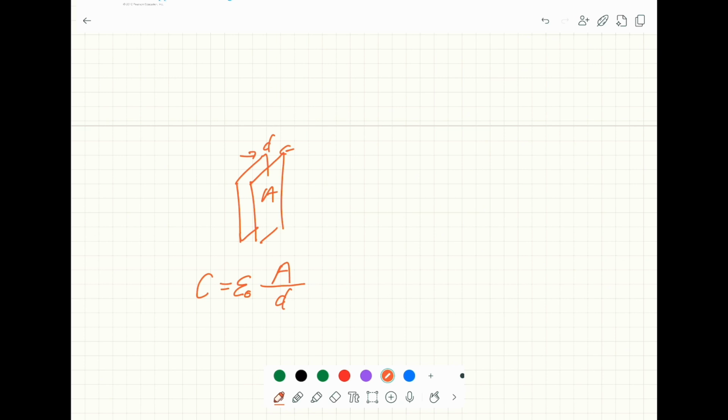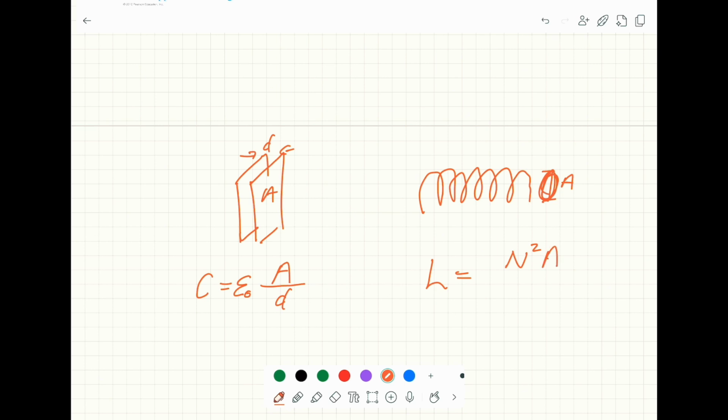Now the same argument, how would you make a specific L for an inductor? This is equal to n squared, the number of turns squared. It is proportional to the area of the coil.